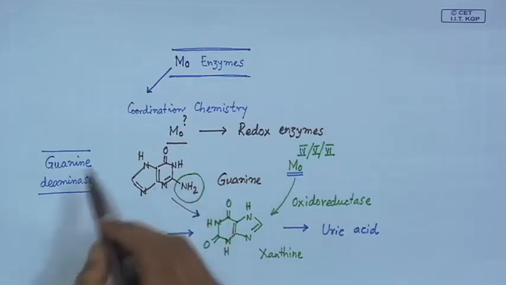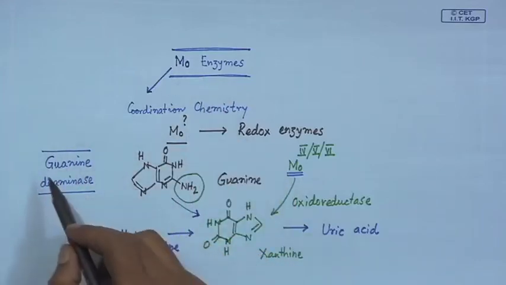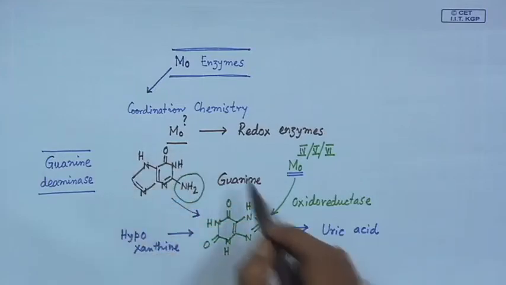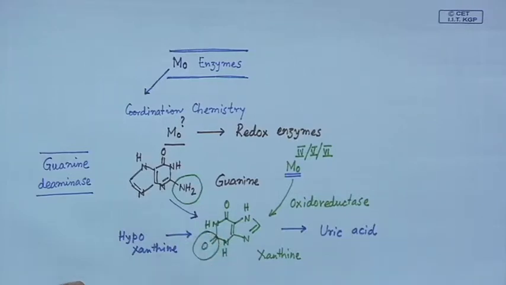So, this is one aspect which is not related to molybdenum, but we should know a little bit about how you can remove this NH2 function from the basic structure, and at the same time this NH2 part is now occupied by an oxo function on the ring.